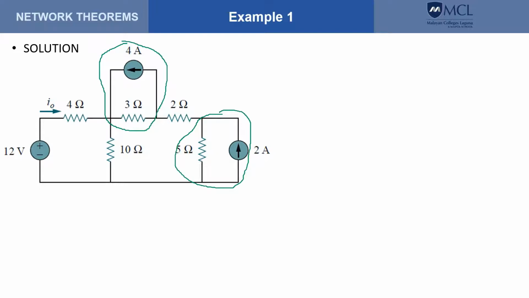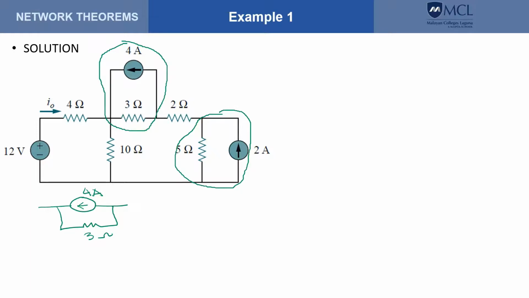So let's do that. For the 4 amperes, we have here a current source in parallel with the resistance, which is 3 ohms. This is 4 amperes.